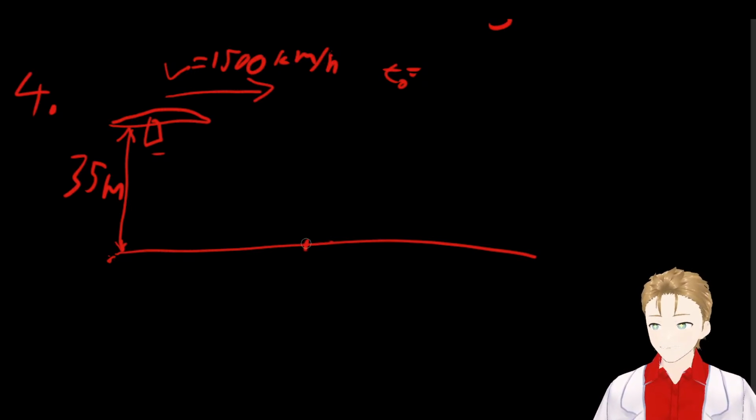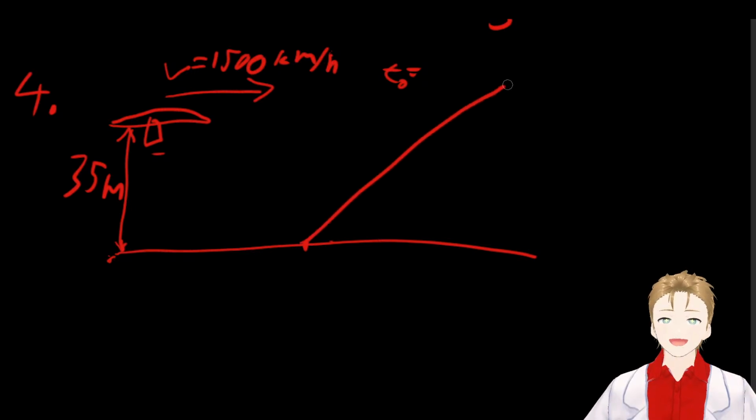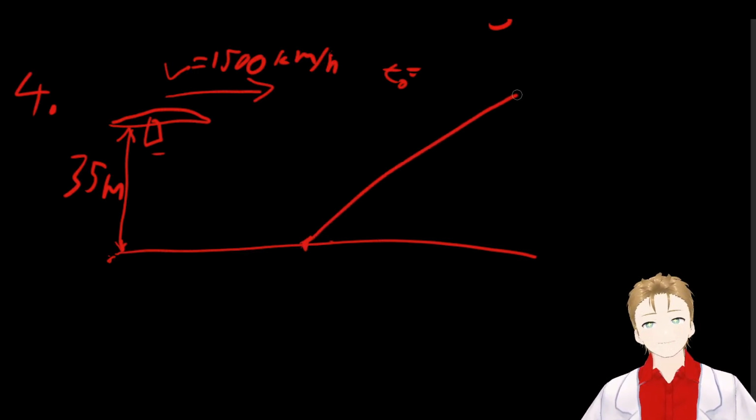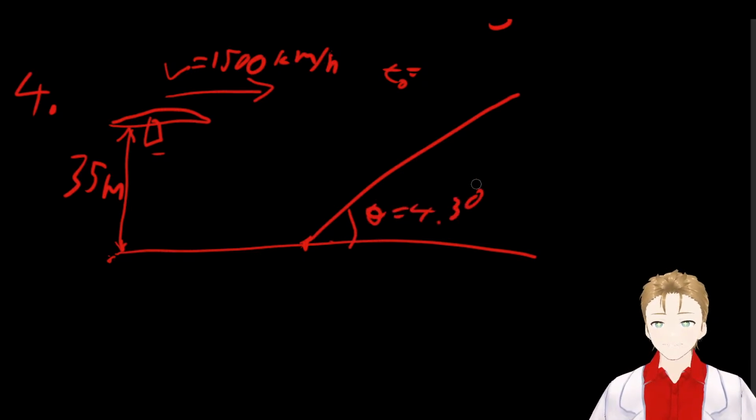Okay, so there's a slope. Slope of theta, which is 4.3 degrees. So at what point do we smash into it?